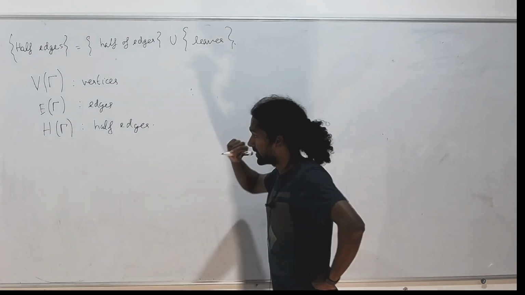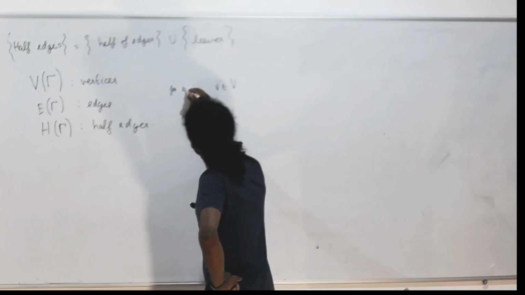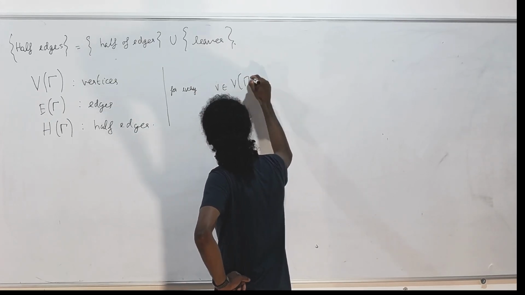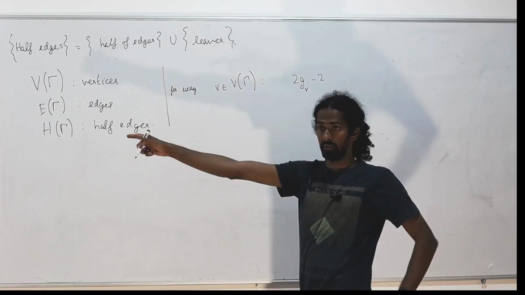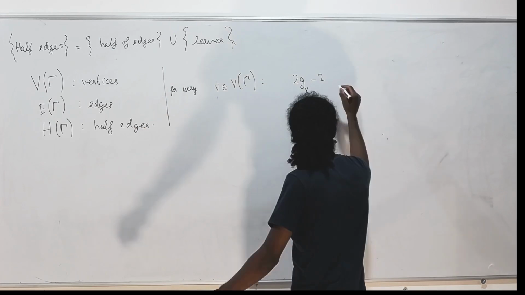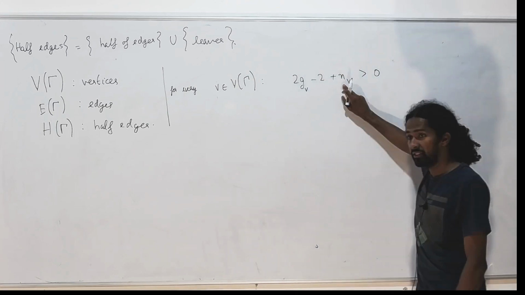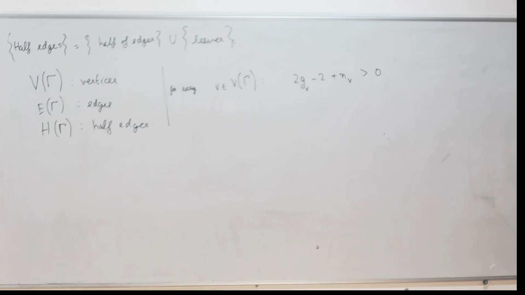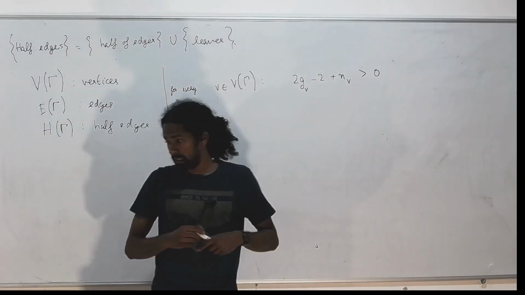Okay, and then stability, finally, is that for every vertex V, the graph is stable if 2g_v minus 2 plus n_v is greater than 0, where g_v is the genus of the vertex, and n_v is the number of half edges associated to that vertex. So here you count the leaves and the half edges that are attached to these things. Okay, so here it's like 3.